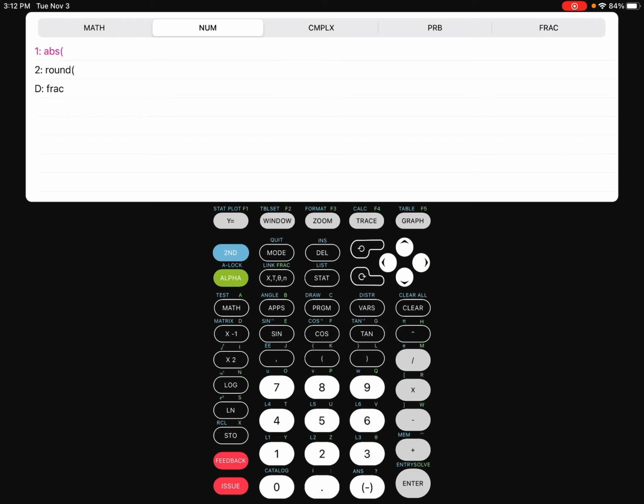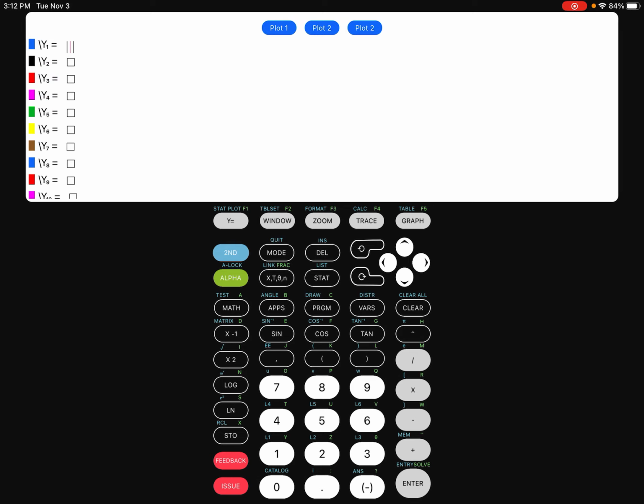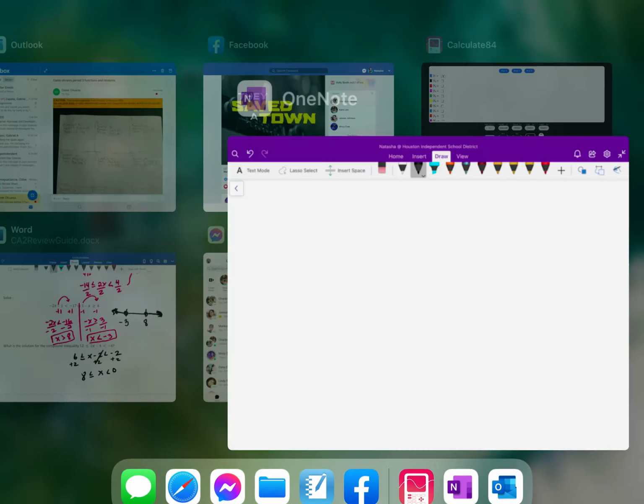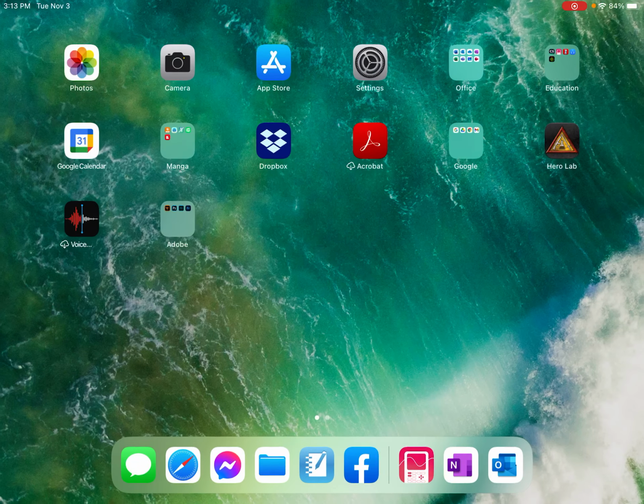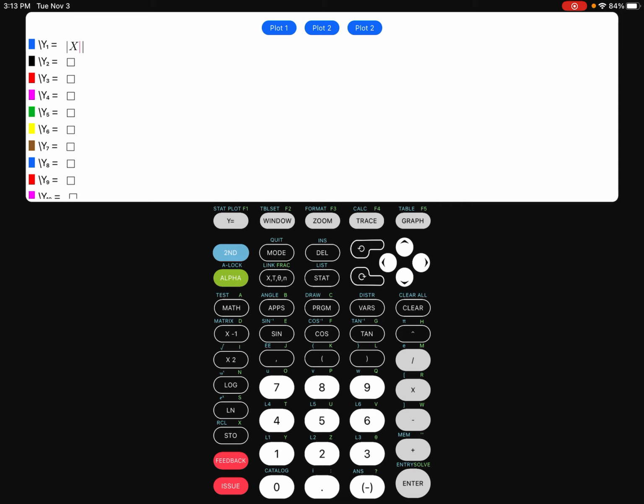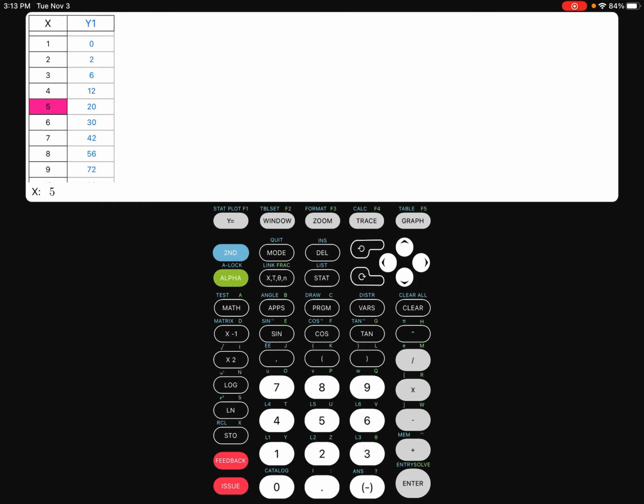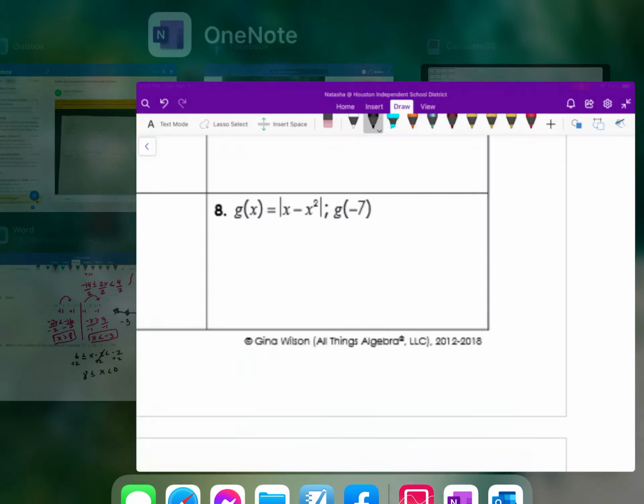We want to go to the one that says number. And that number 1 says ABS. That ABS stands for absolute value. Now, as you can see, it gave me the bars in between. So that's going to be x minus x squared, and I'm going to use the caret over here to the right to make it go up, and then I'm done. I'm going to go to second graph to get my table list of values.